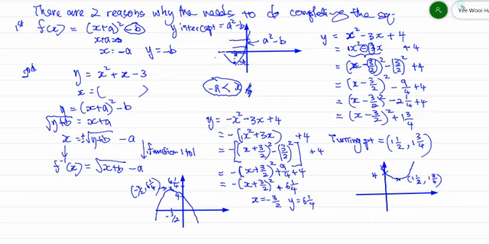Okay, now I'm going to do some examples, so I'm going to erase this first. Now we're going to do y equal to 2x squared minus 3x plus 4.